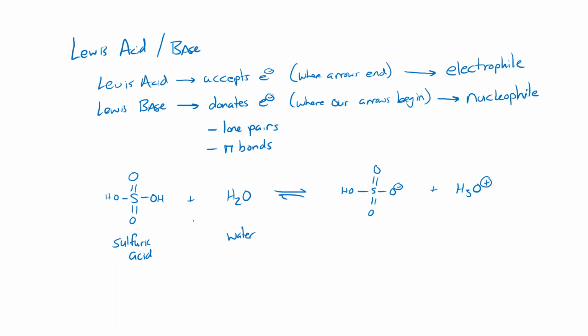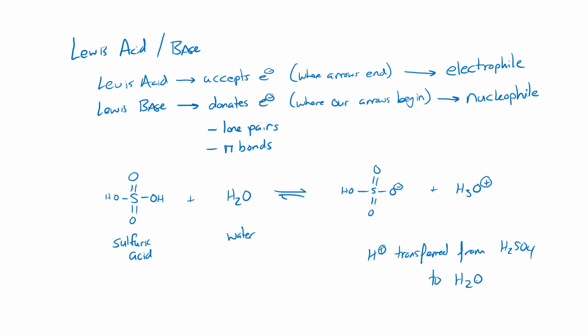You'll notice, of course, we have two starting materials and two products. The big difference here is that an H plus has been transferred from H2SO4. The starting material had H2SO4, and in the product, it has lost one hydrogen atom, one H plus, to H2O.